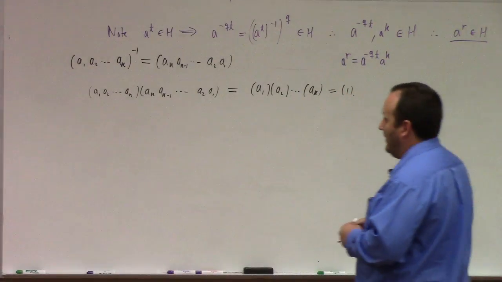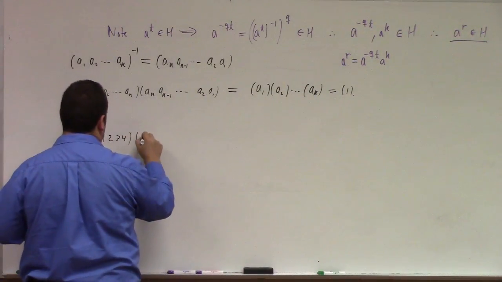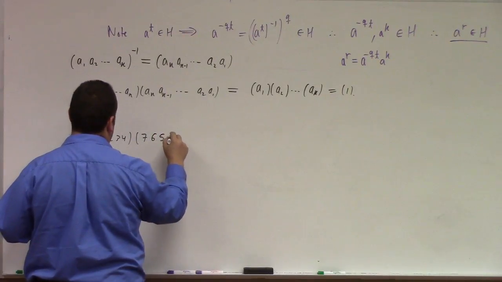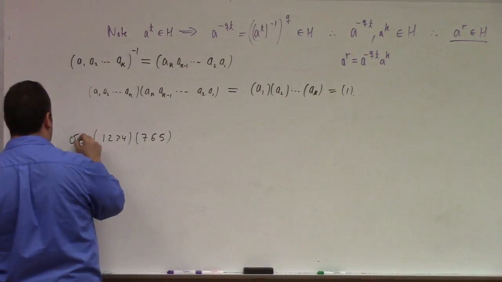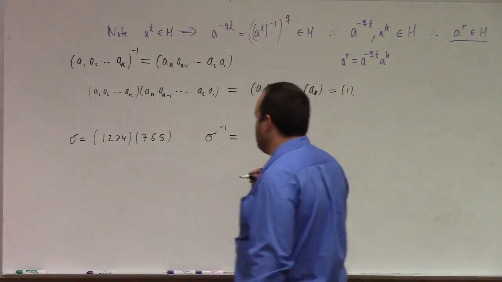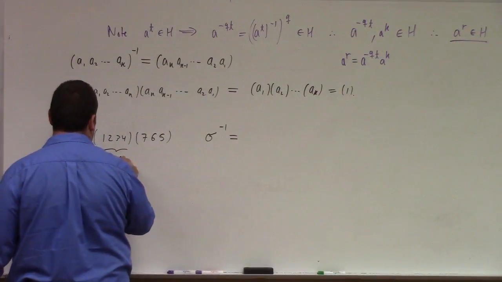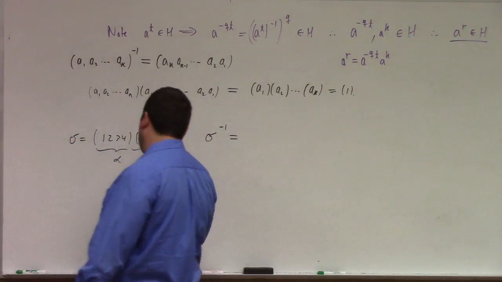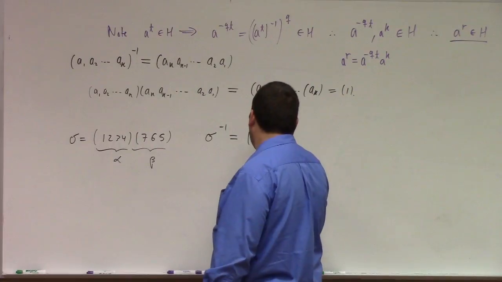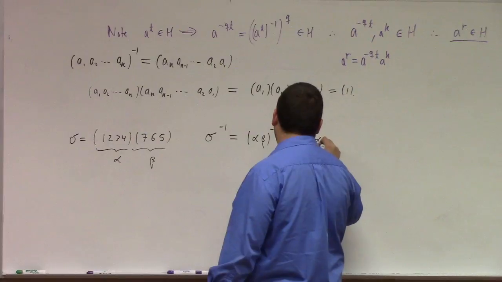But how would we invert something like this? What if I had 1, 2, 3, 4, 7, 6, 5, and I wanted to calculate sigma inverse? How would we do it? So this is alpha, this is beta, just give them names. What happens when you invert a product? It's B inverse A inverse, the socks and shoes rule.